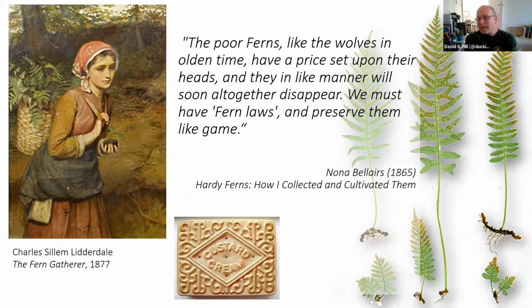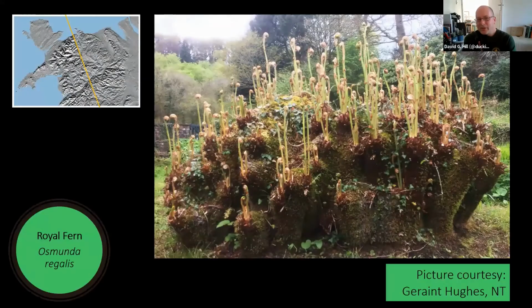Now, unfortunately, that led to mass collecting, and one of the ferns that really suffered was the royal fern. In that little picture of North Wales in the top left, everywhere east of that line, the royal fern was collected to extinction, and is not found commonly that side of the line now anyway.